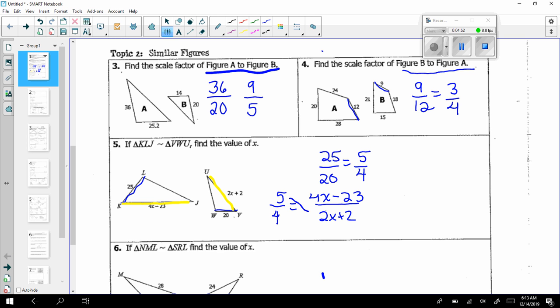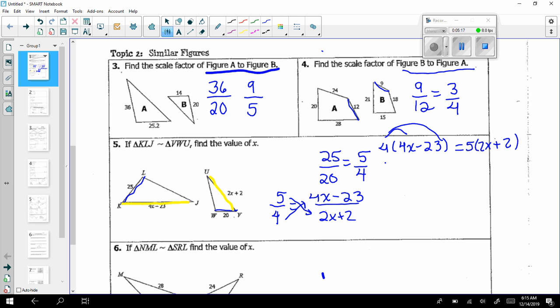And then I cross multiply and divide. So I'm going to do 4 times 4x minus 23 and set that equal to 5 times 2x plus 2. Then I distribute this 4.